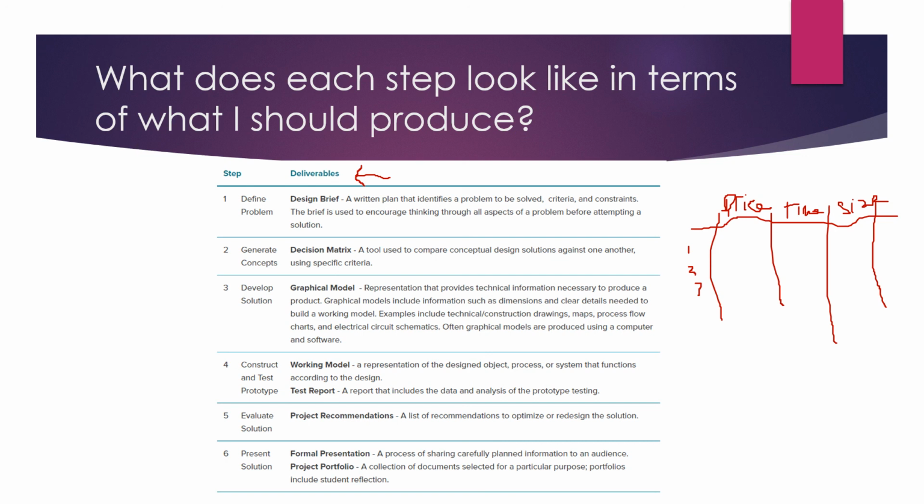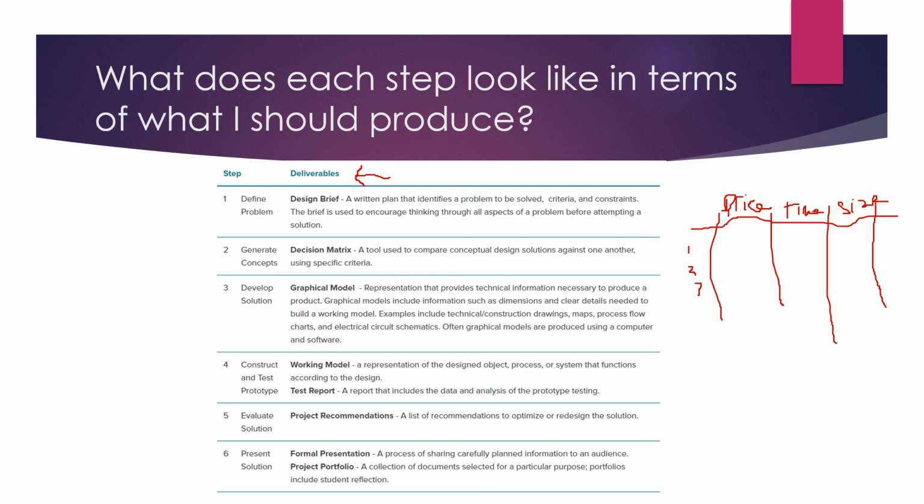That would not work. And so you would rank them based on what the product was, and then you would add up the numbers from your rankings, and you would make your decision based on which one had the best number. In other words, it would be the best balance between price, time, and size. It could be other things like accessibility of materials and demand in the marketplace. There could be all kinds of things, but that's what a design matrix is.